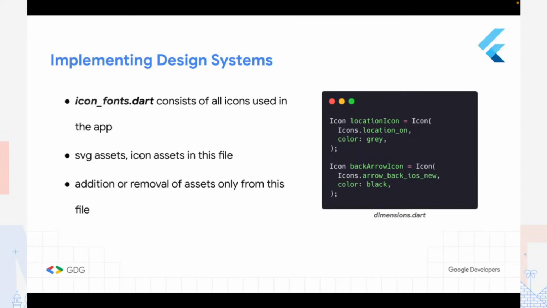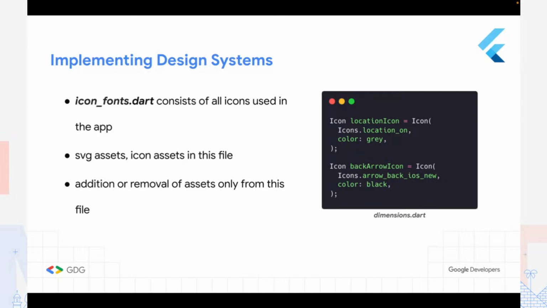So yeah, SVG assets, icon assets can be placed in this file. And if you feel that the file is getting a lot bigger, you can create a separate file, call it image assets, and add your SVG assets there, icon assets in that file. So like I said, there are no fixed rules of defining the design systems.